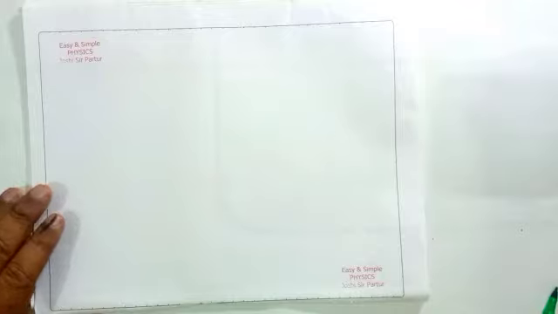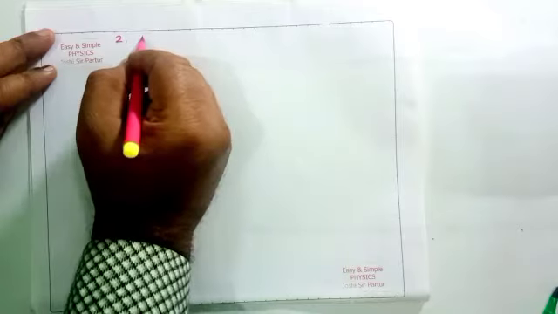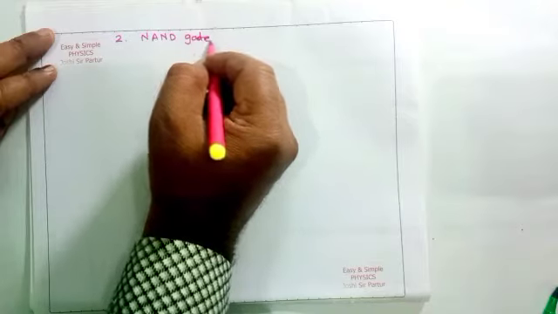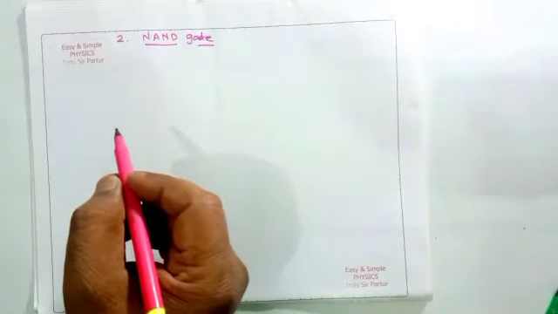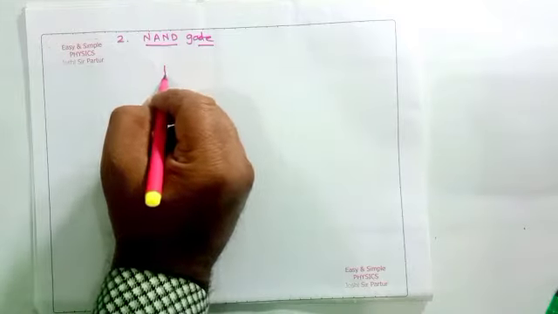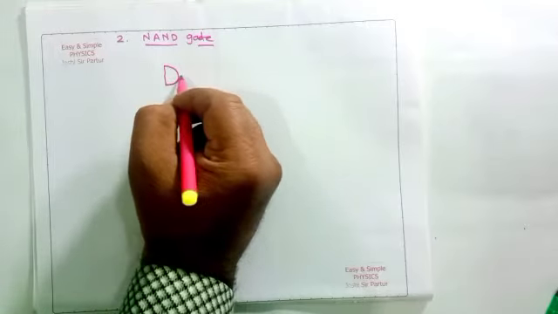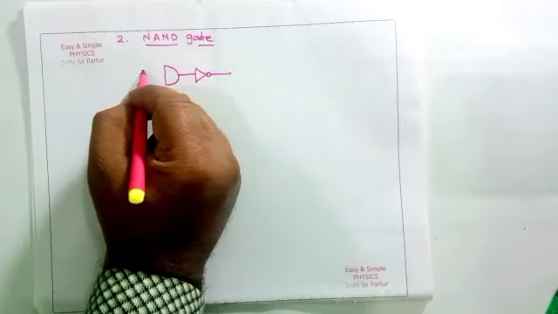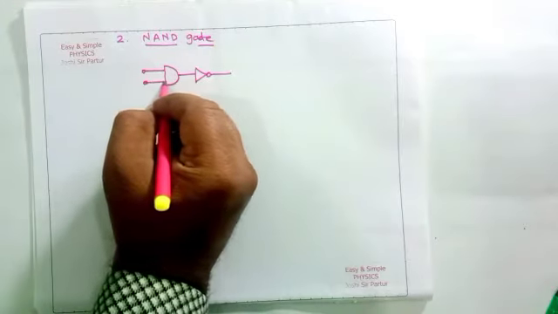Similarly, we can see the second derived gate, that is the NAND gate. So first we have defined what a NAND gate is. The NAND gate is a derived gate which is a combination of AND gate and NOT gate, which has two inputs and one output.